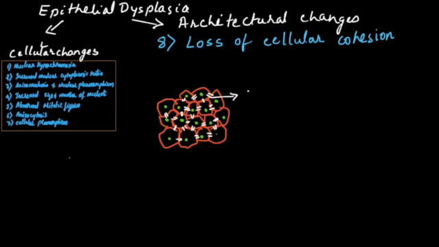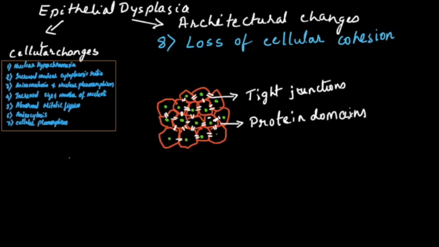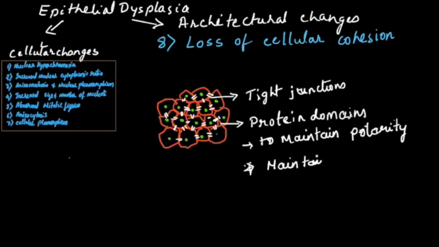So these are the tight junctions, and here are the protein domains which give these cells their polarity. They help to maintain the polarity. They maintain the integrity of the cells and give them adhesive or cohesive properties.